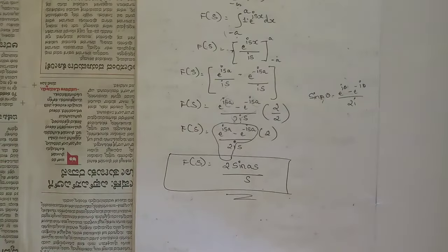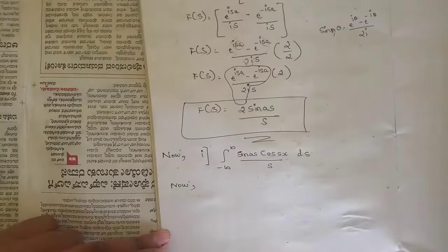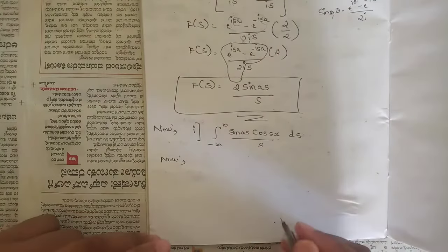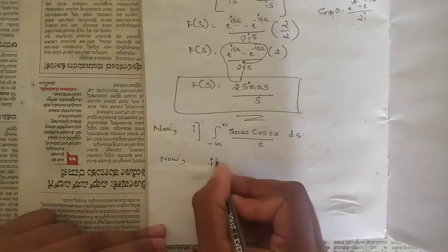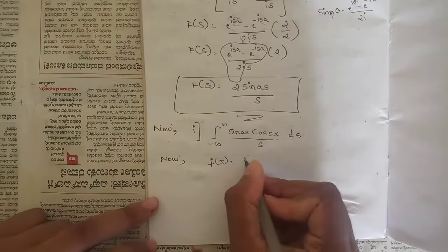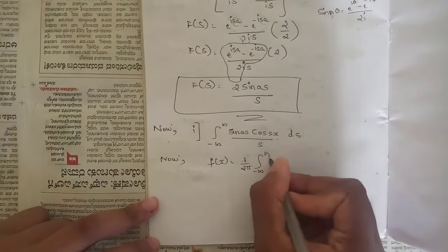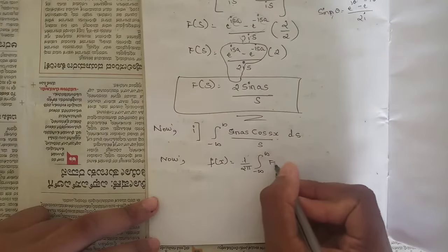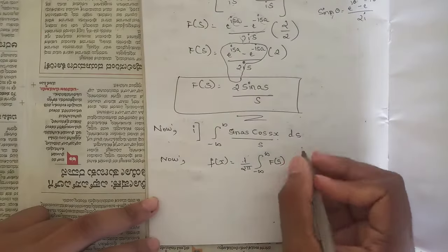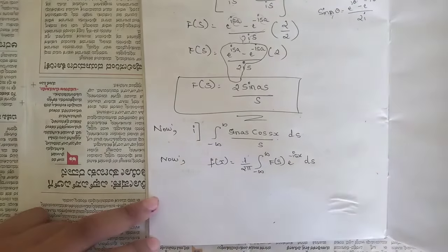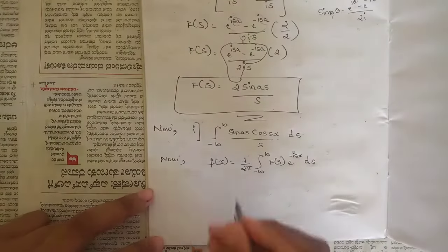Now we are going to evaluate the two cases. For the first case, we need to use the inverse Fourier transform. That is, we know that f of x is equal to 1 upon 2 pi, the integral from minus infinity to infinity of f of s into e power minus isx ds.